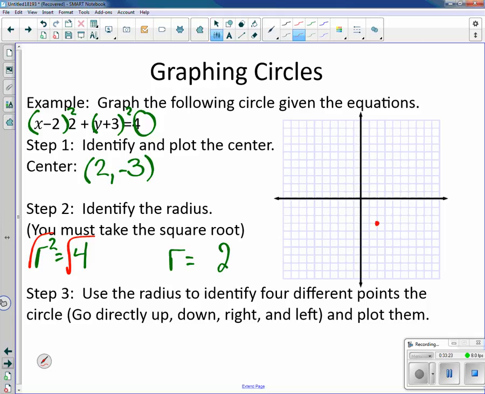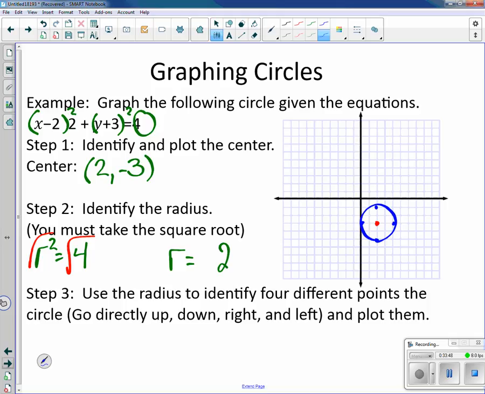Then the easiest thing is to go the radius in all 4 directions. So I go up 2, right 2 from the center, down 2, left 2 from the center. And then that is your circle.